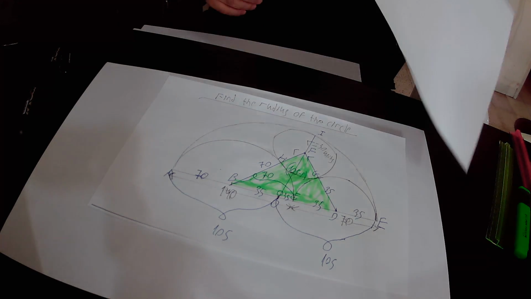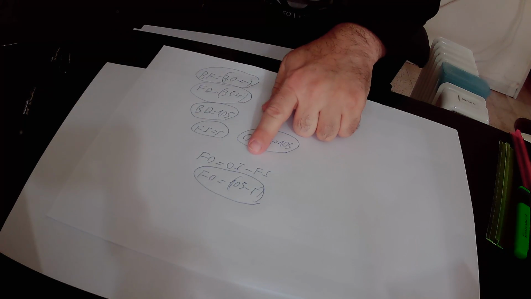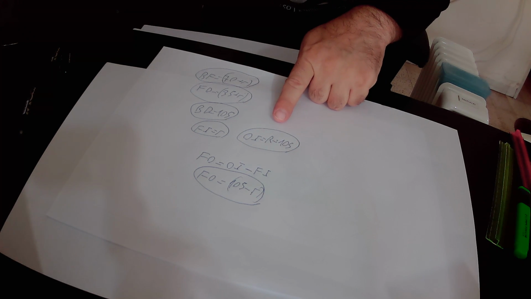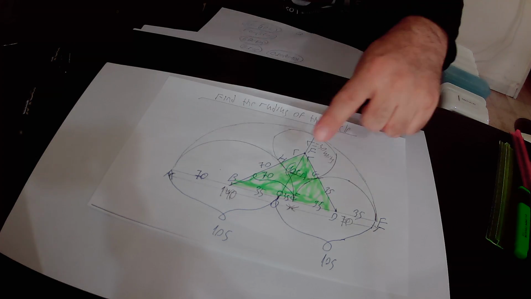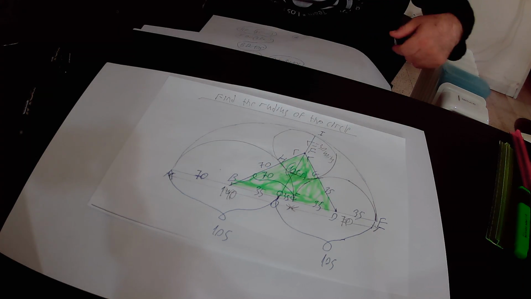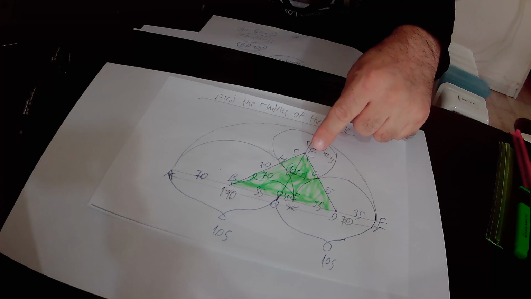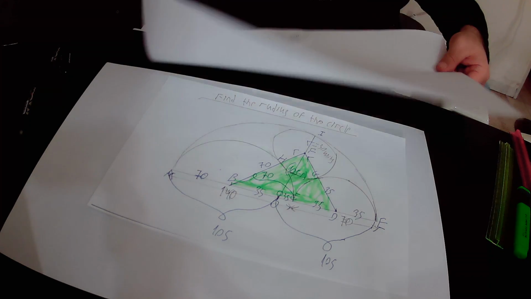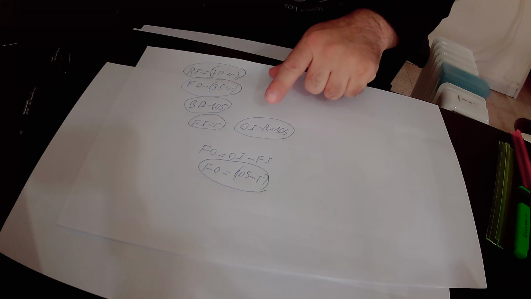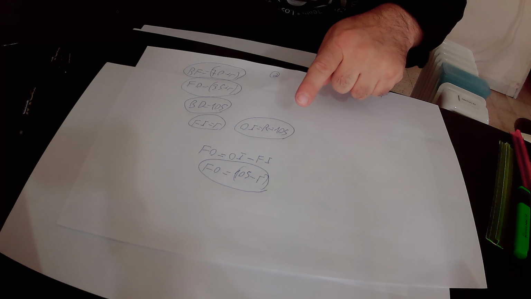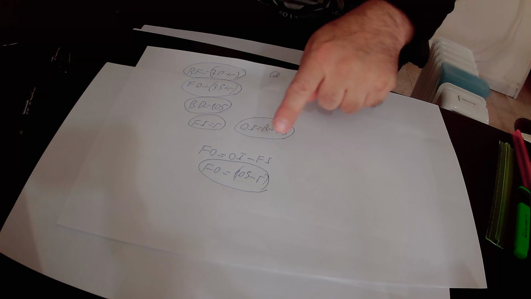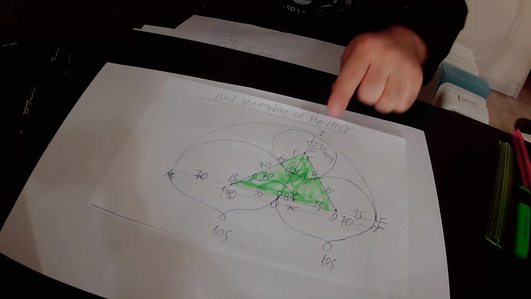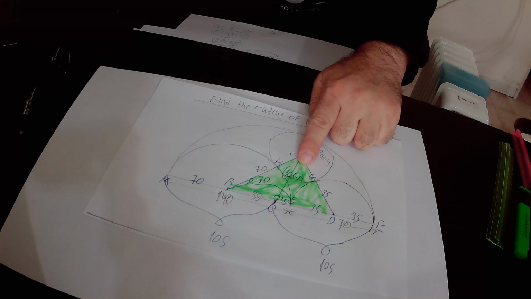Repeat again, OF or FO equals OI minus FI. OI equals the radius of the biggest semicircle, 105 units. FI is the radius of this circle, that is small r, and therefore OF or FO will be equal to 105 minus small r units.